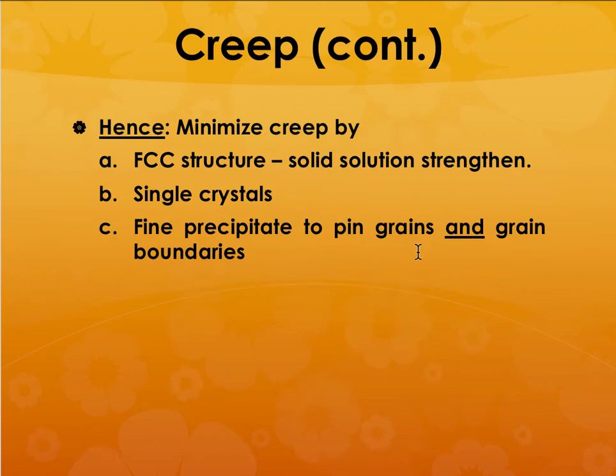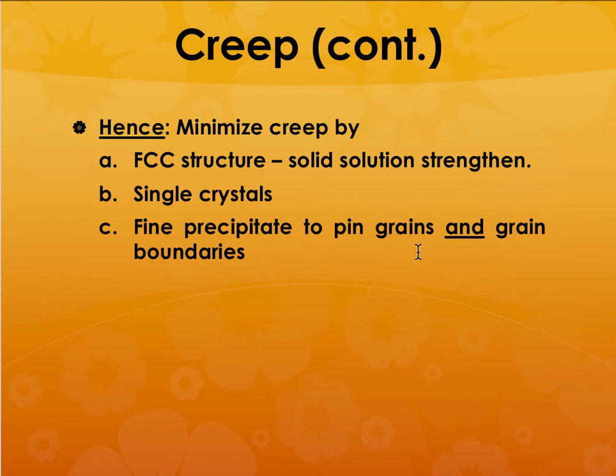So how do you protect your component against creep? The most obvious thing is to use the component below half the melting point if possible. But you may not have a choice for that.